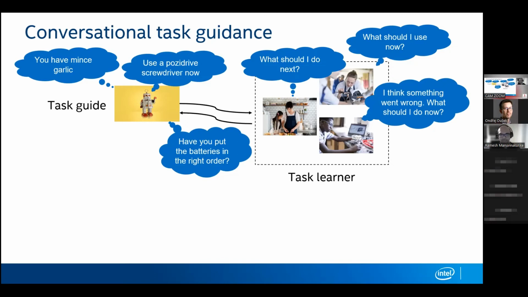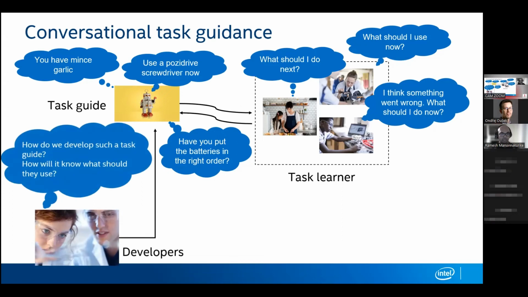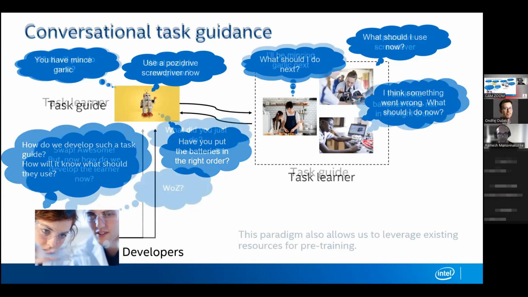So these are some examples of task guidance and what kind of goal the system should aim towards. As developers of this system, we are looking at these questions: how do we develop such a system, and how will it know what should happen in all these scenarios?